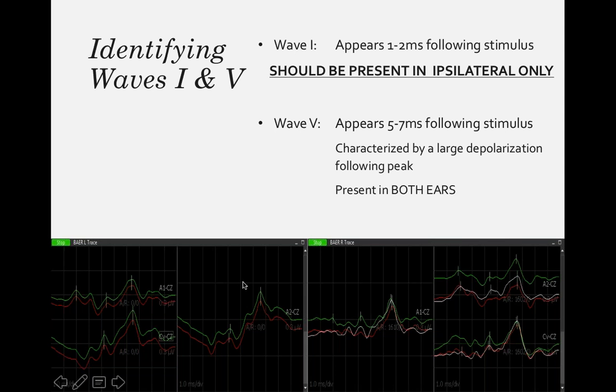And let me explain to you this montage that we're looking at real fast. So we've got over here our left-sided stimulation, and over here our right-sided stimulation. And both these stimulations are broken down. I have my ipsilateral recordings and my contralateral recordings for both ears.